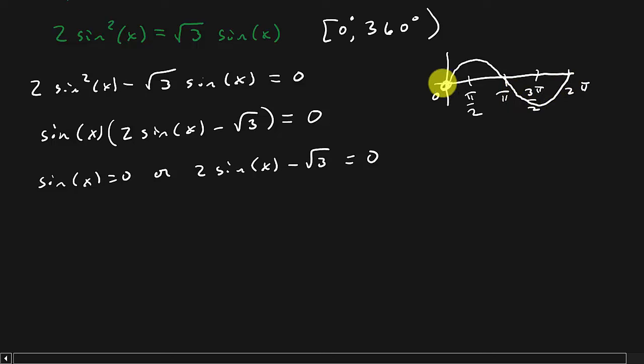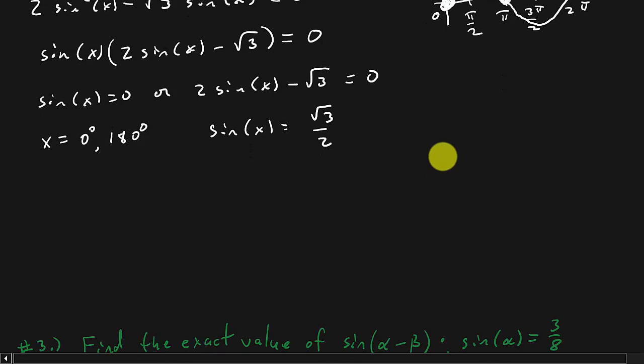Notice it's 0 at 0 and pi. So x equals 0. We want it in degrees. 0 degrees and 180 degrees.